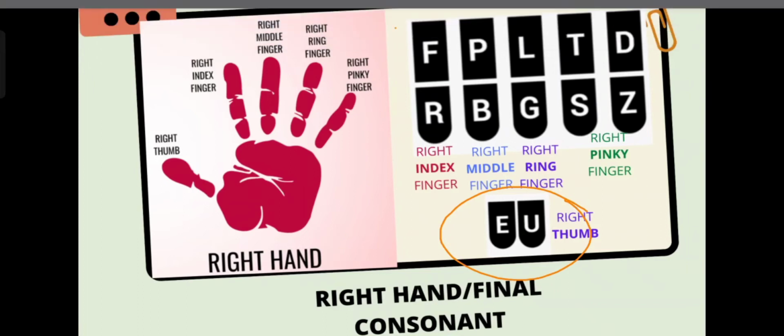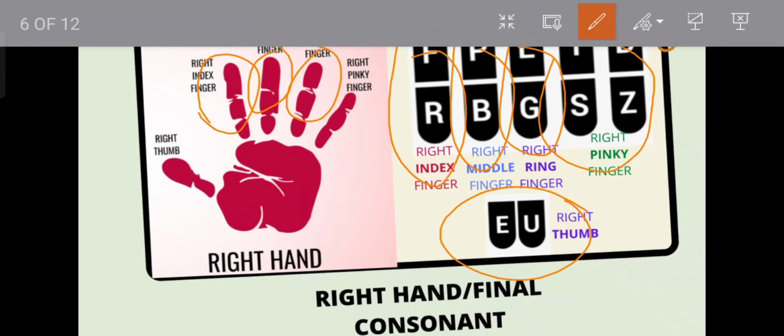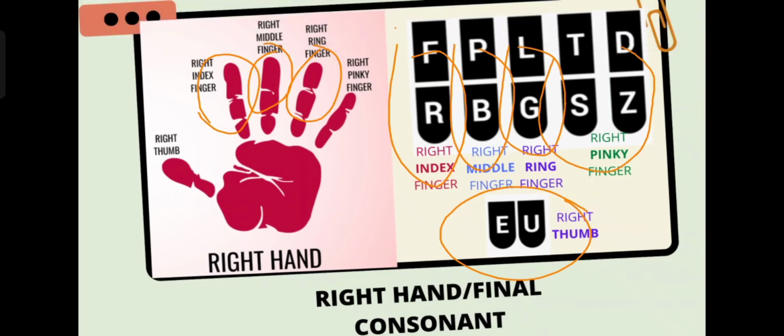F and R would be your index finger. P and B is your middle finger. L and G would be the ring finger, and this one is the last.